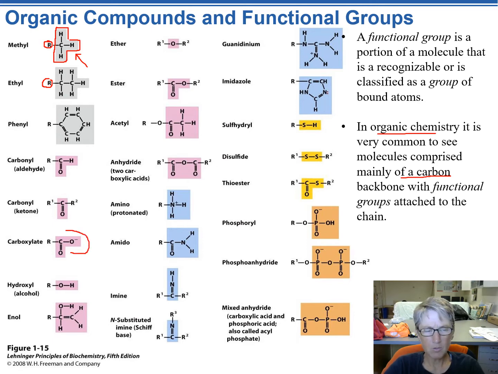Carboxylate is really interesting because that is attached to proteins. Hydroxyl, those are everywhere. Acetyl groups, those are important in A and P. Amino groups are attached to the other end of a protein. Amino acids make up proteins, but at the end of a single amino acid or a big protein chain, you'll have an amino group and a carboxylate group.